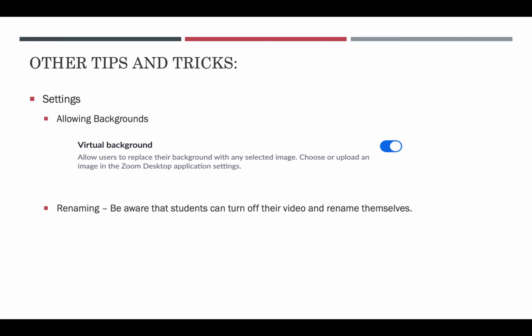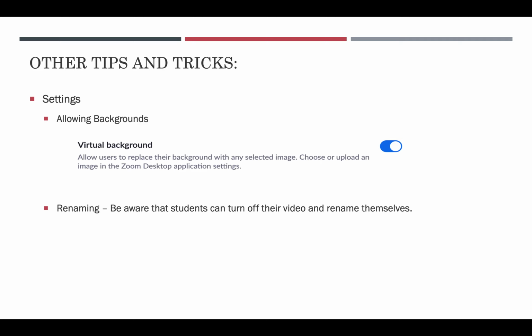Also, renaming. If you decide not to share your video, a box shows up with your name in it, and it's assigned to you based on your email address. And students can rename themselves. Now, we've heard that there are some students that have renamed themselves, turned their video off, and so now the teachers don't know who they are.